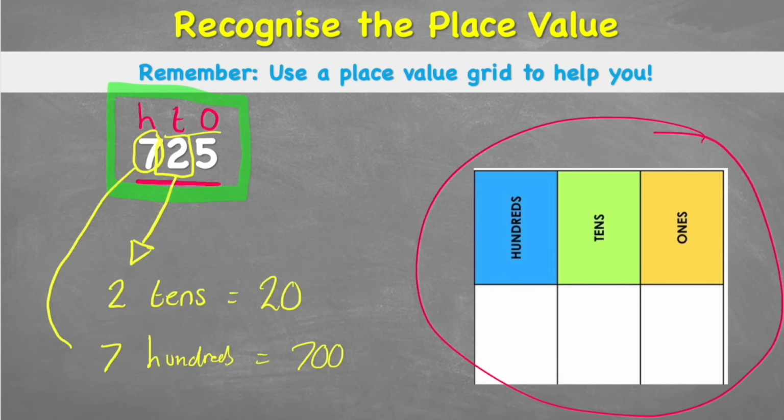But our 5, because it's in the ones column, actually only represents 5 ones, which equals 5. And what we should always find is that when we've broken our number down like this, when we add it back together, we should end up with the same number. And 700 plus 20 plus 5 equals 725.